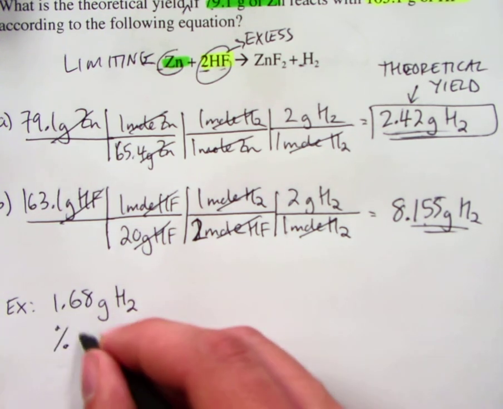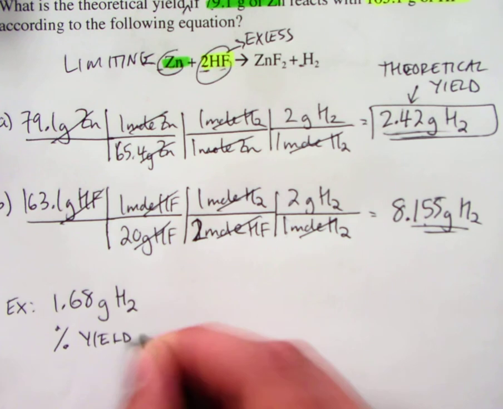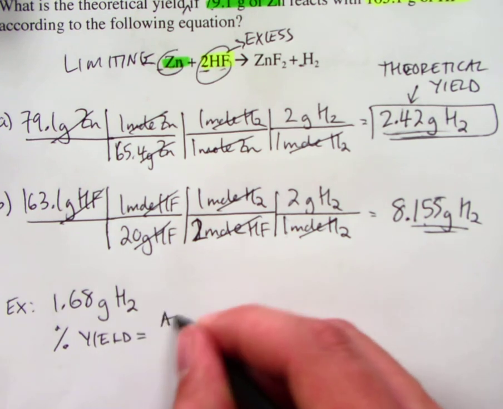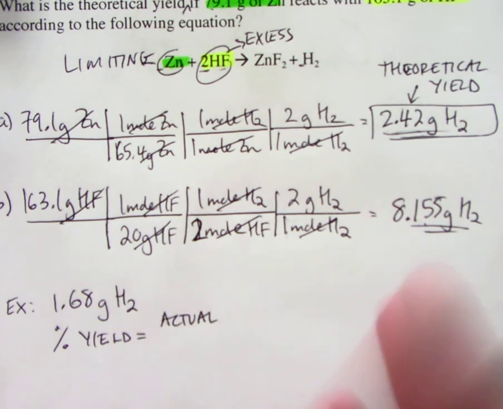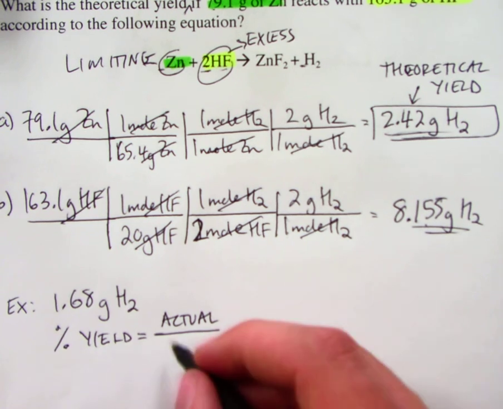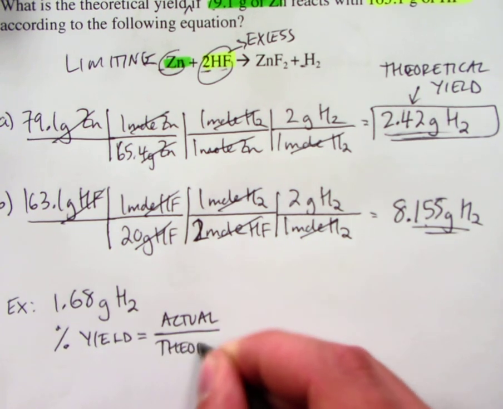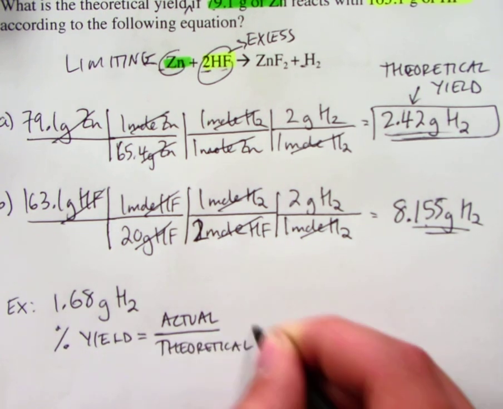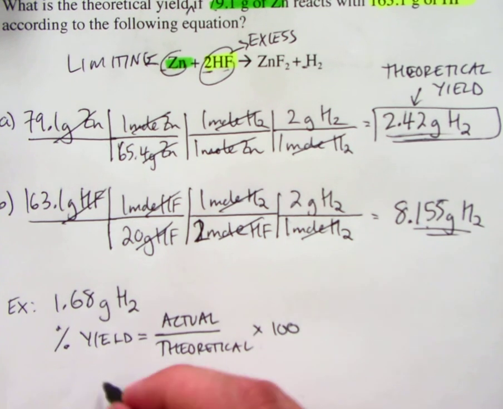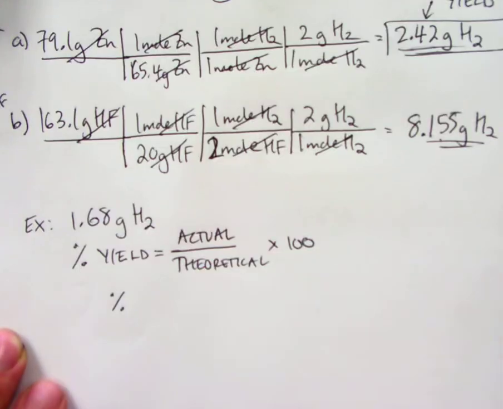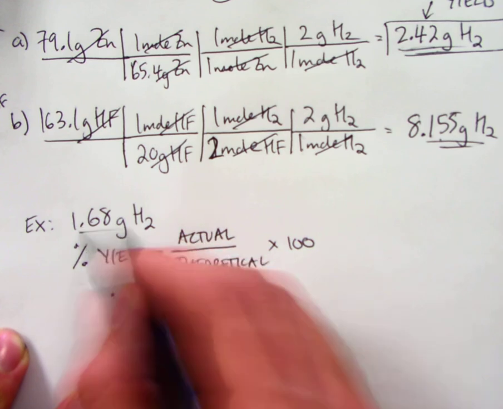So to figure that out, your percent yield is going to be equal to your actual yield, or experimental yield, another word for it, divided by your theoretical yield, times 100. So in this case, our percent yield would be what we actually got.